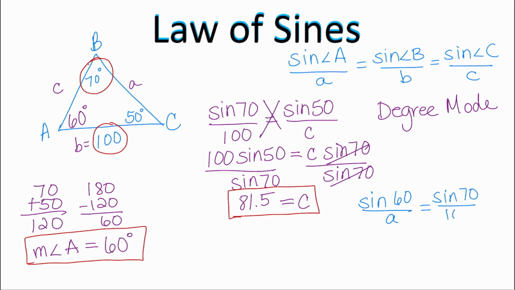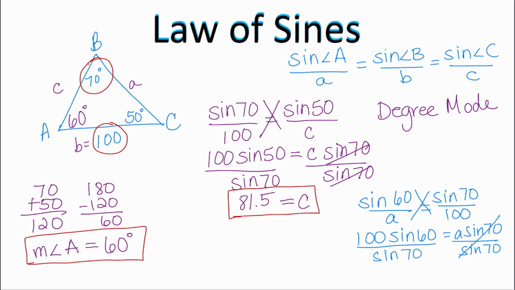I will work with the sine of 70 is to 100 because those are exact values and I'm not using round off error, so I'm going to get a better answer by doing it this way. Again, I cross multiply: 100 times the sine of 60 is equal to a times the sine of 70. Divide both sides by the sine of 70.